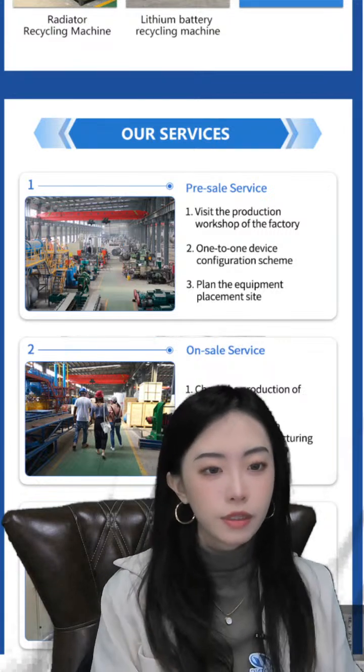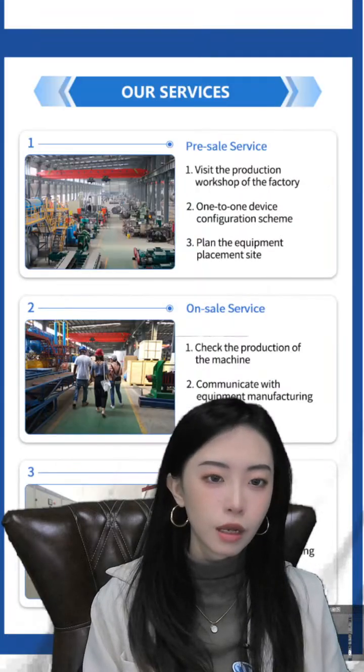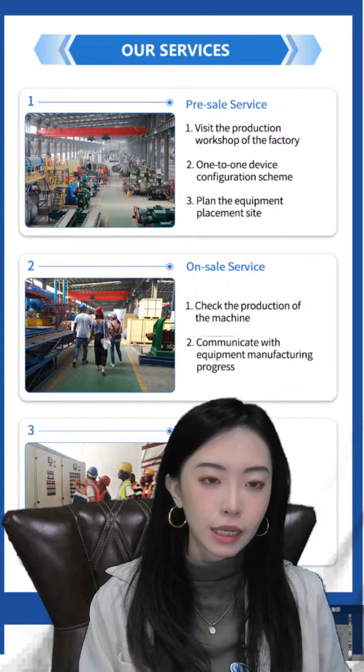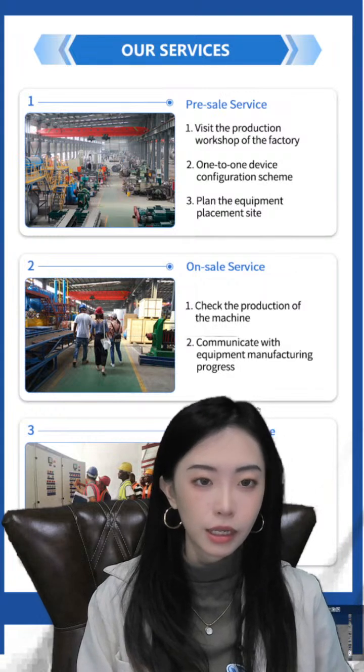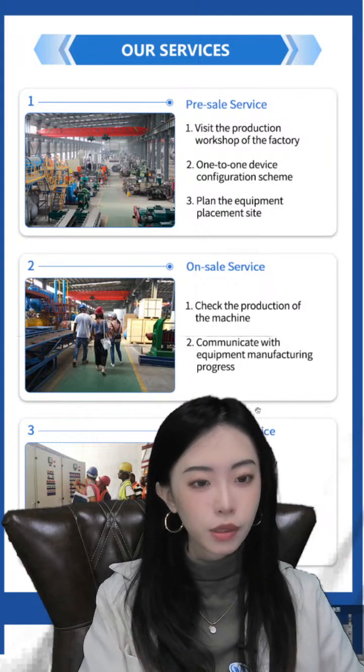Here are our services for you. We are the manufacturer, so you can come to our factory anytime. It's in Henan province in China. We have a factory of nearly 40,000 square meters.